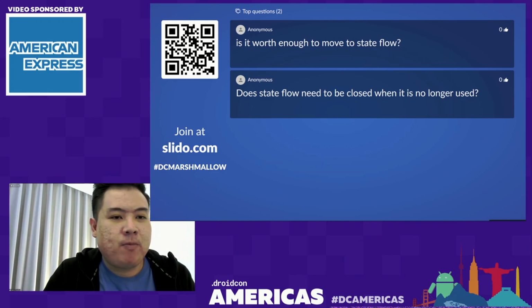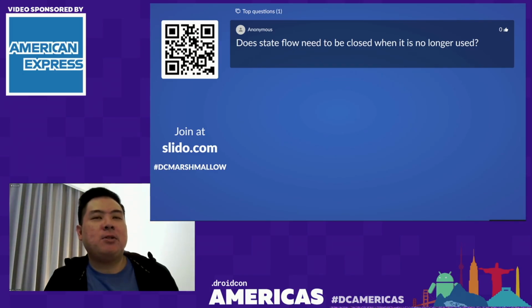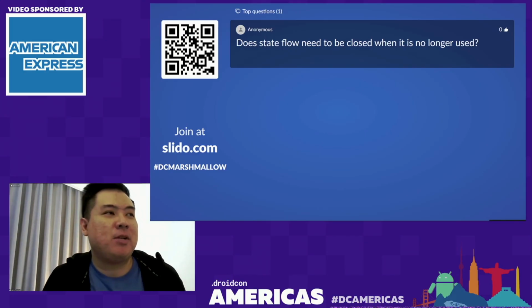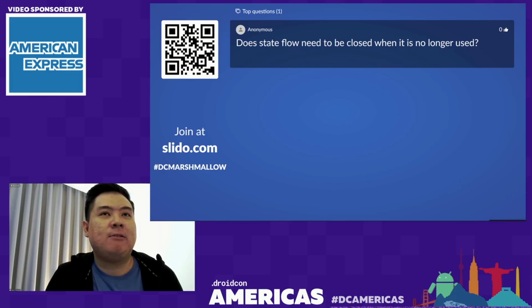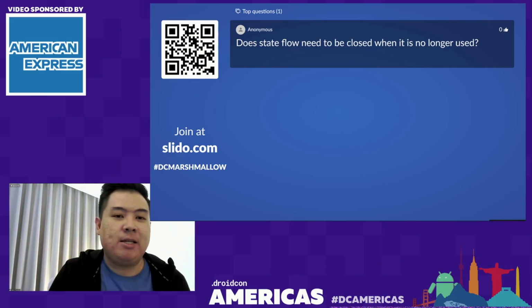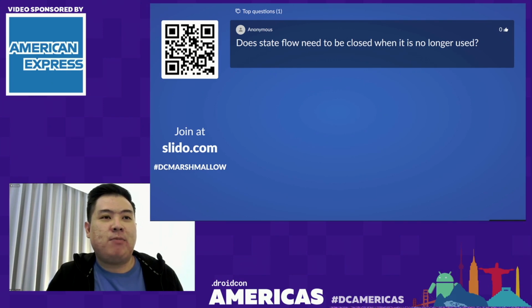Okay, and the next question: does StateFlow need to be closed when it is no longer used? Okay, this is also a very good and very important question, because StateFlow has a nature where it never completes normally, and once we collect it and we forget to cancel the collection, the collection might continue, and it keeps collecting values that the StateFlow emits, and we might end up having unwanted behavior.